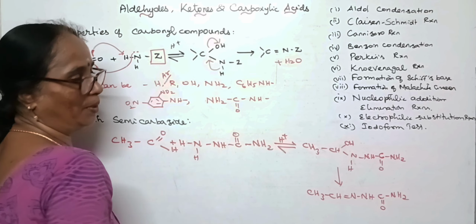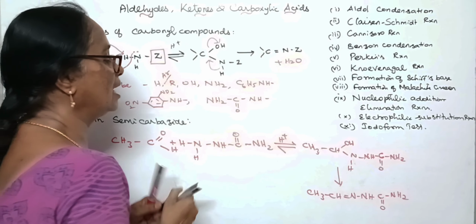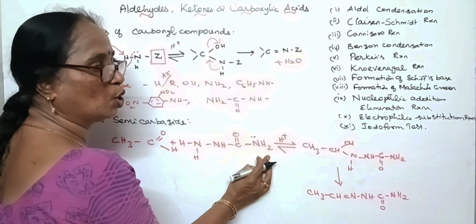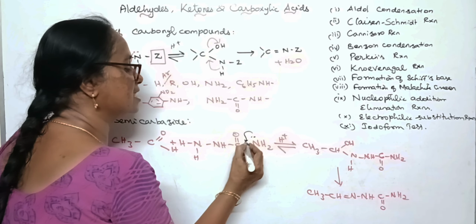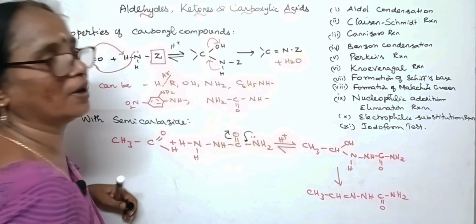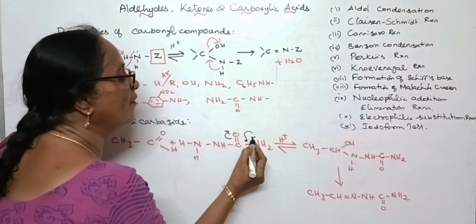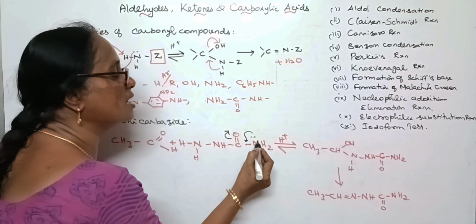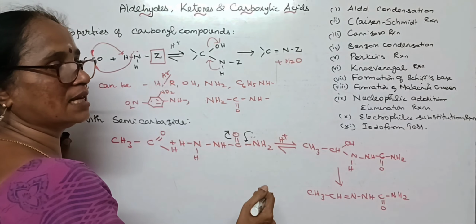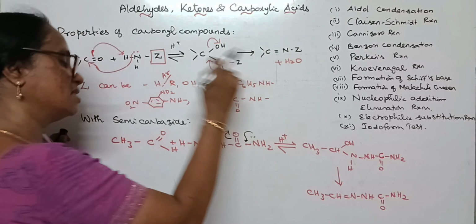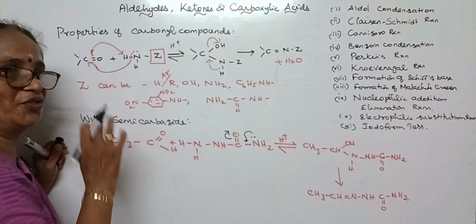This is because the lone pair of electrons present on the nitrogen atom of the other NH2 group is in conjugation with the CO group of carbonyl oxygen. Because of that, the availability of the lone pair of electrons on the nitrogen atom decreases, and hence the CONH2 group does not take part in nucleophilic addition reaction.